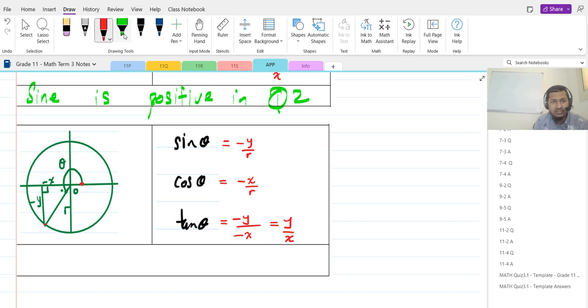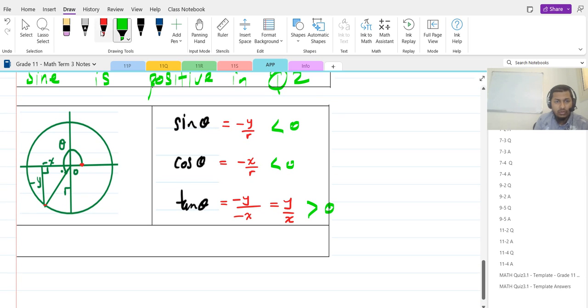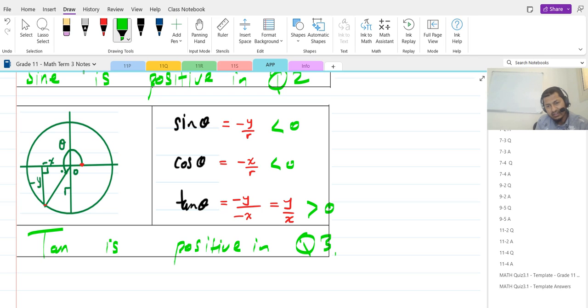The reciprocal of this will also be positive. That's the reason why we say tan is positive, cos is negative, and sine is negative in the third quadrant.